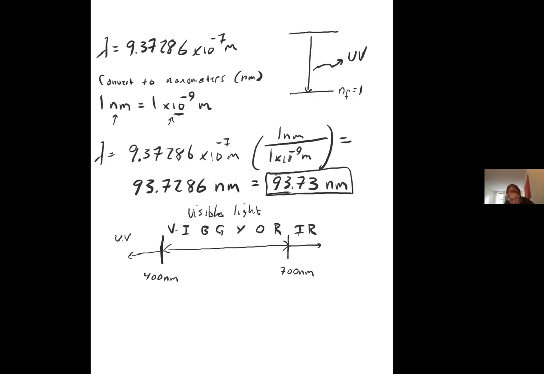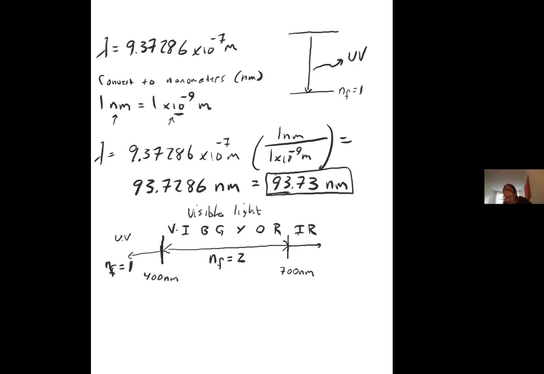Visible, so let me write that here. So n final equals 1. Anything in the visible is n final equals 2. So if the final value is a 2, you get visible light. So when you do these problems, if you do a problem and you see it goes like, oh, 6 to 2 or something like that, or 5 to 2, check it. See if it's between 400 and 700 nanometers. It should be.